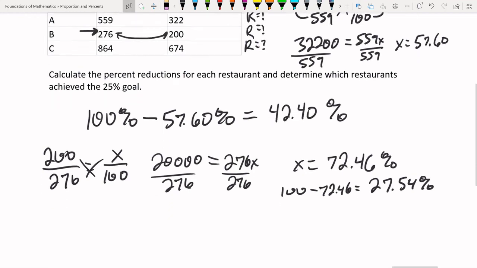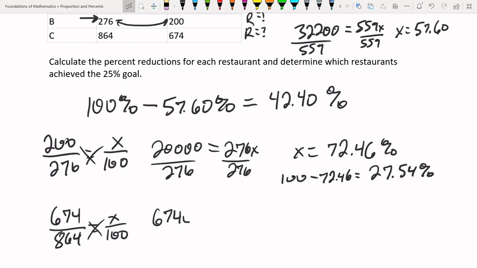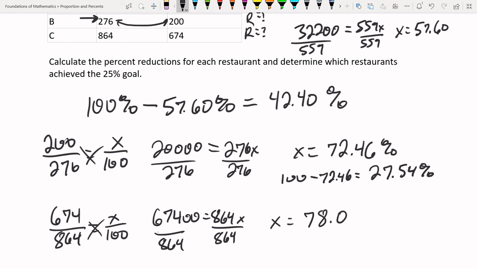All right, last problem. 674 over 864 equals x over 100. Cross multiply and divide. Divide by 864. And we get 67400 divided by 864 equals 78.01.